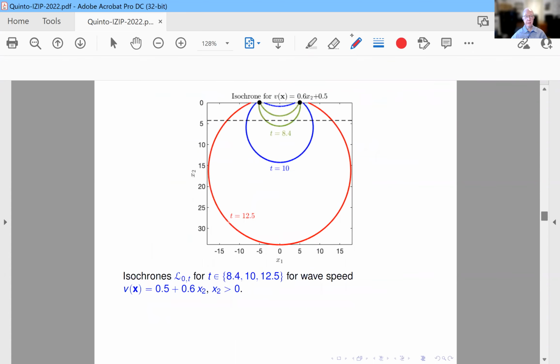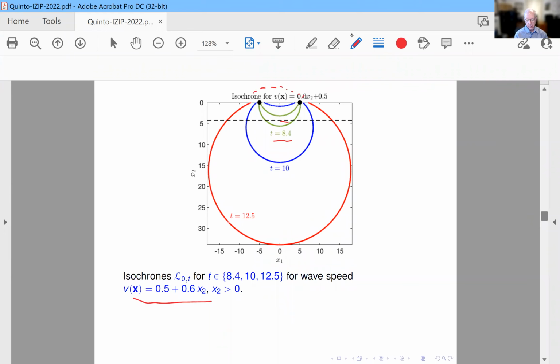So here's a picture with wave speed given here. And we take several isochrones. We take one with t is 8.4, and you can see the top part of the isochrone comes into the reconstruction region. The reason is the velocity is faster down here than it is if it were to go up. And so the top half goes down because that's a faster way to get here.